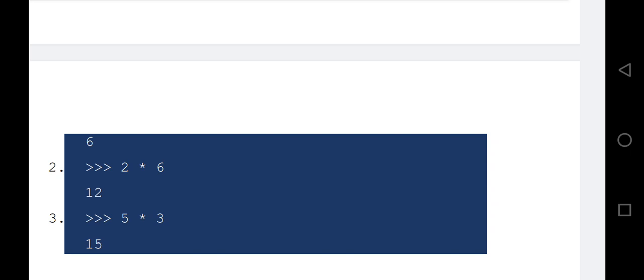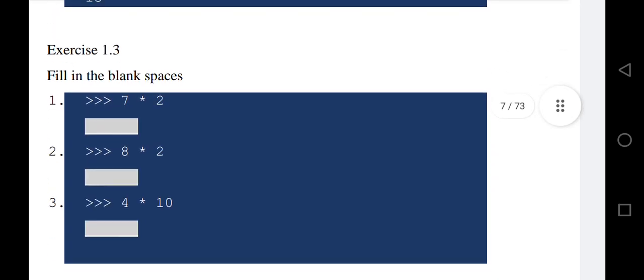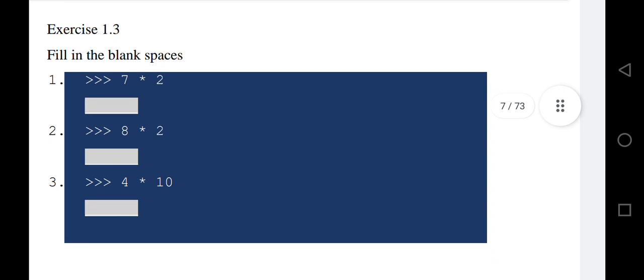Okay, so now as usual, let's look at exercises. The exercise says fill in the blank spaces. 1. 7 times 2.